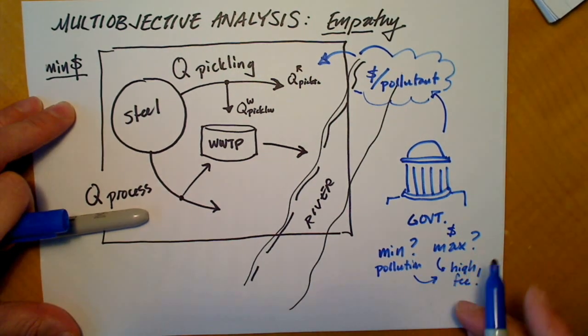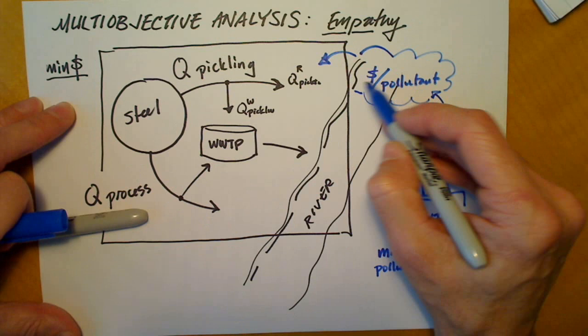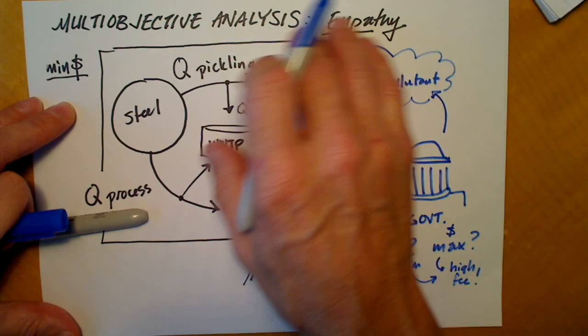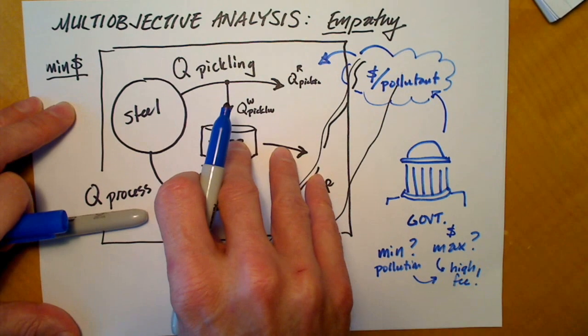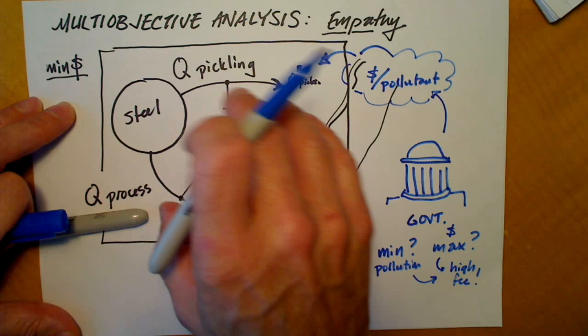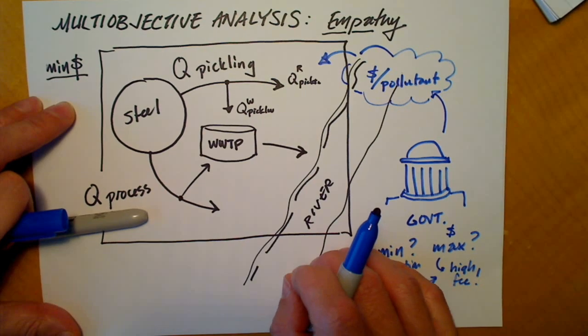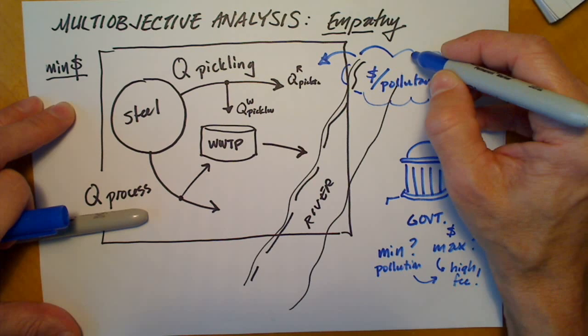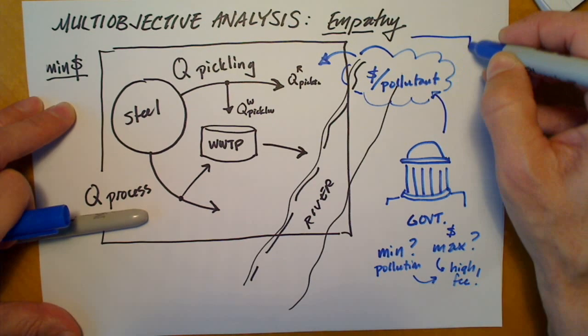The government would choose a fee or a tax for the right to pollute in the river, then anticipate what the steel plant's optimization model is going to do, and adjust their fee based upon how the steel plant adjusts. So the government has a different decision variable. It is the fee.